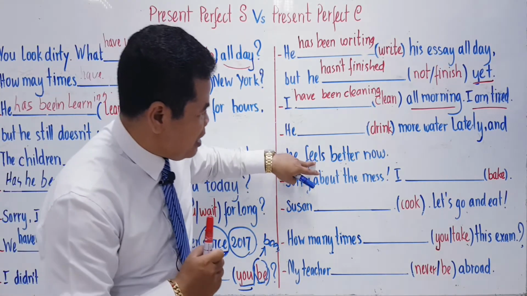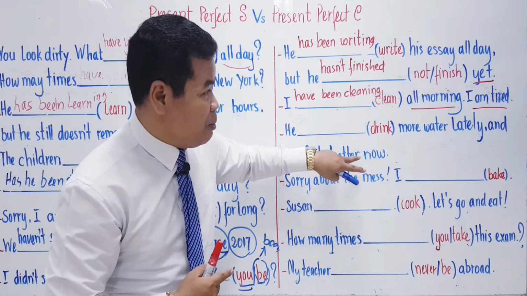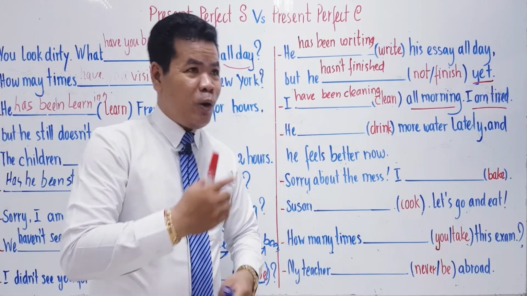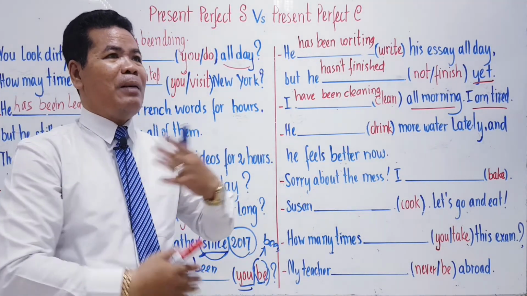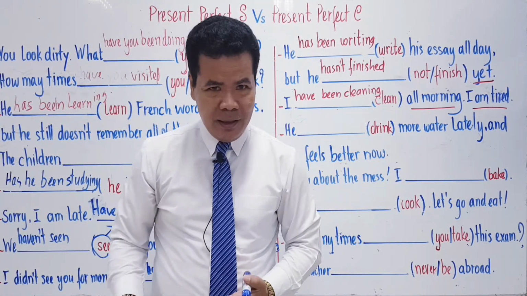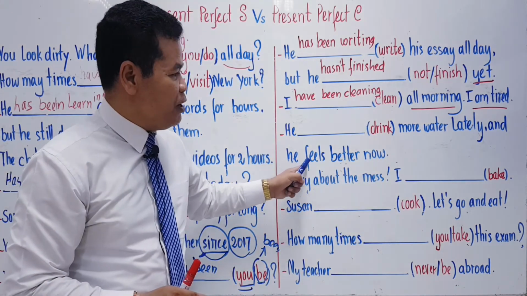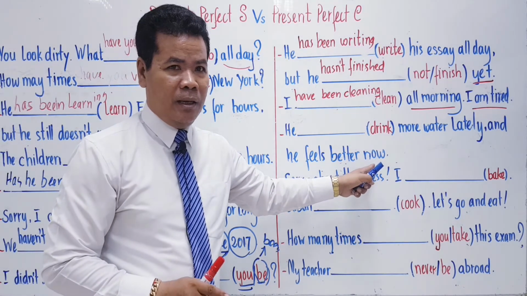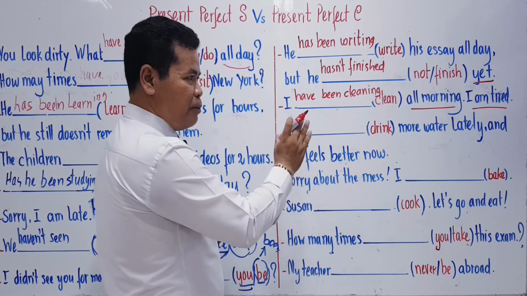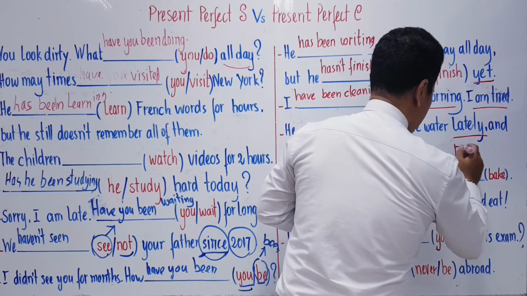What makes him feel better now? Because of what? Because of drinking more water. Is that true? What kind of action happened? It happened in the past. The action of drinking happened in the past. You understand? And stopped recently. As the result, he feels better now. Right? So, we are going to have present perfect progressive here. Right? Lately means recently.